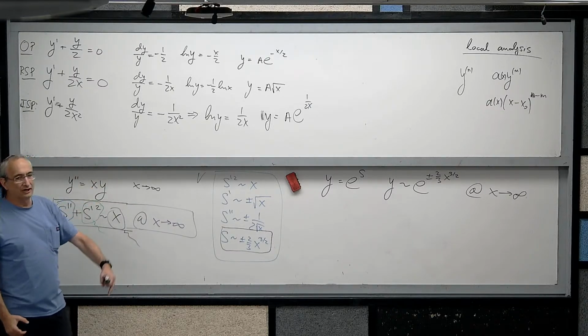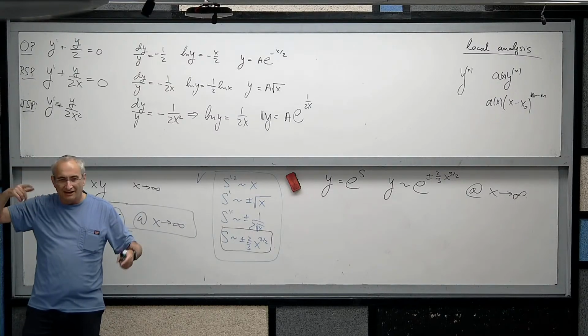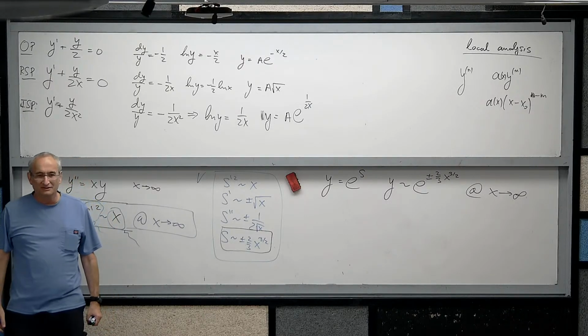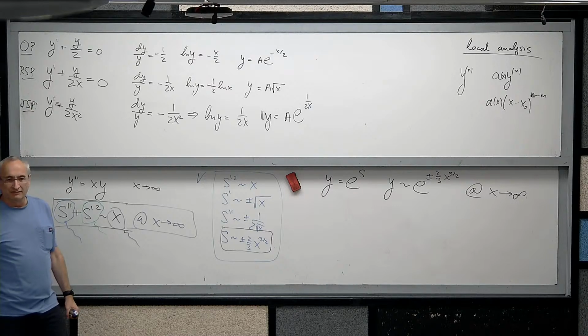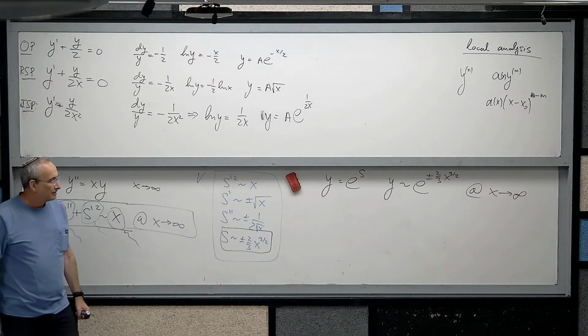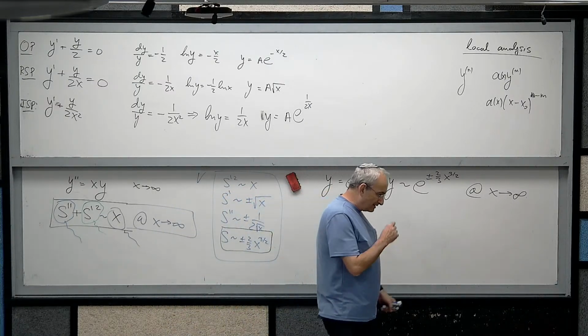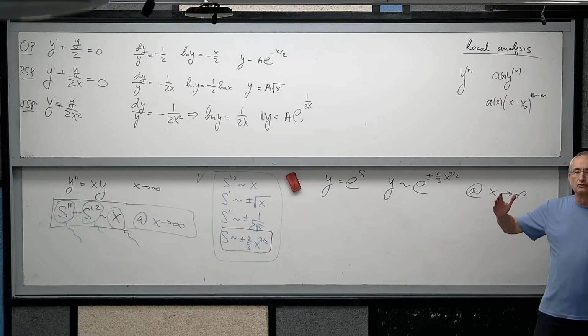No expansion, no consideration of a_n going like a_{n-3} divided by 72.3. No gamma functions. Here is the behavior, right? The name of what we did now is that we have calculated the controlling factor.